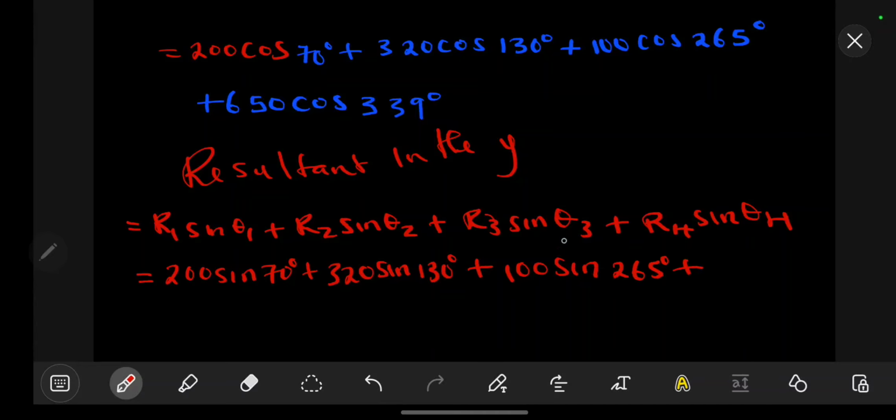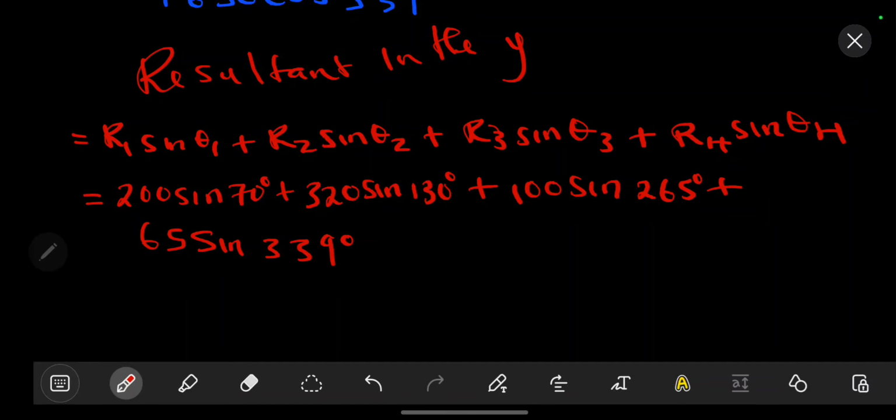Then we have plus our r4, which is our 650. We are going to be using the sine since we are looking at the y component. Sine of 339 degrees.